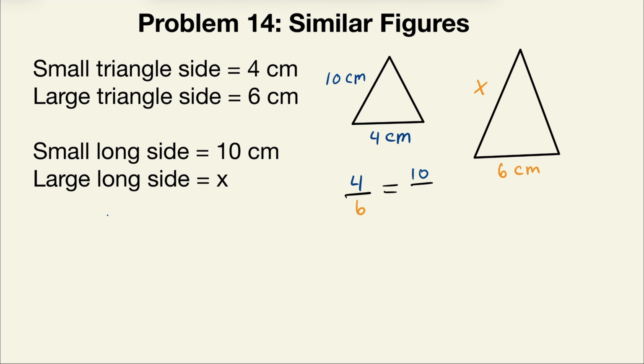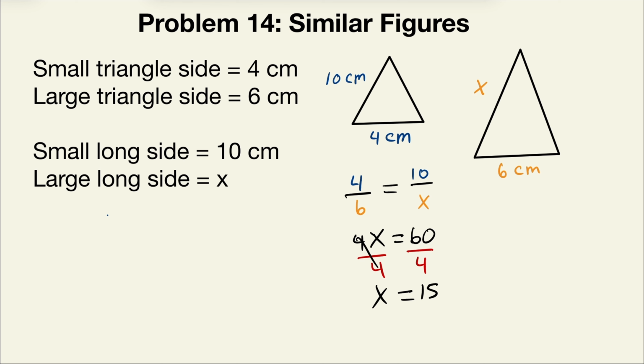And so now we can go ahead and cross multiply. 4 times x is simply 4x equals 6 times 10 is 60. And then all we have to do is divide by 4 on both sides. The 4's cancel out and x equals 60 divided by 4, which is 15.